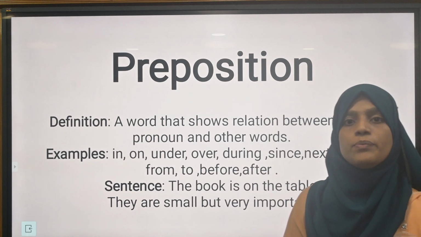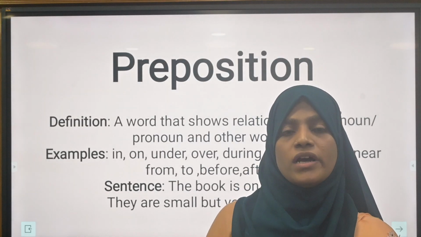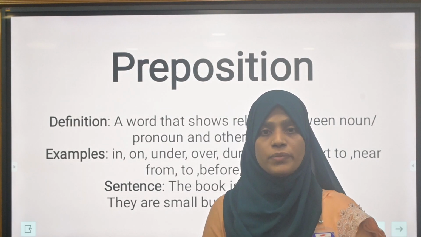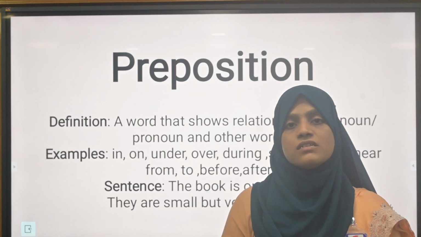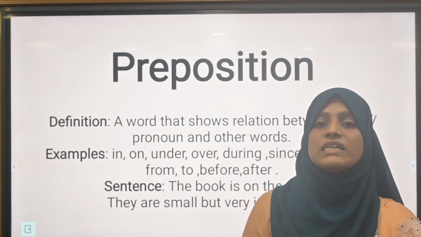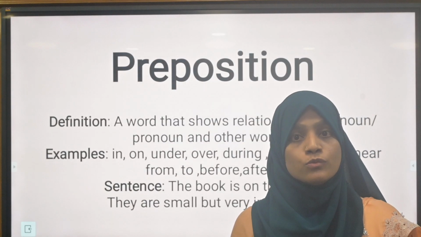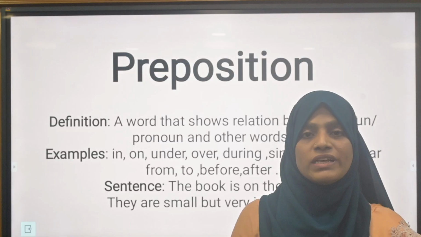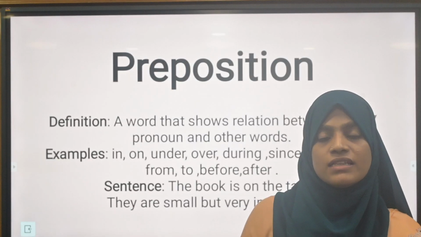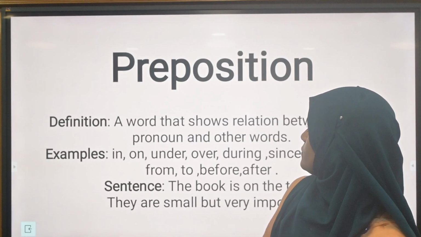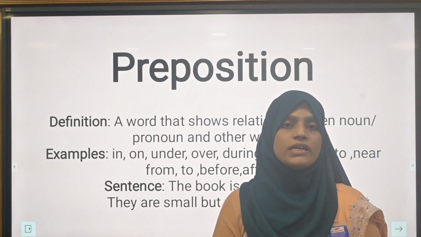So we'll see the preposition. A preposition is a word which shows a relationship between two things, a noun and a pronoun, like in, on, under, over, from, to, during, since, near. These are all prepositions.